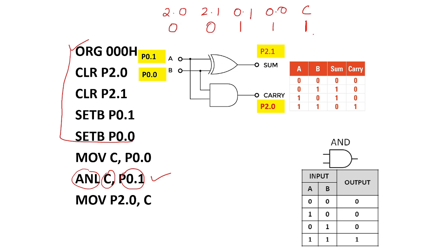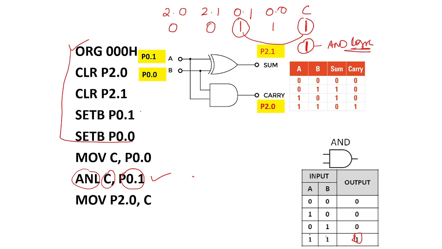C holds the value 1 and port 0.1 holds the value 1. If you do AND for 1 and 1, you will get the output 1. That value will be saved in C. This is the output after doing the AND logical operation.